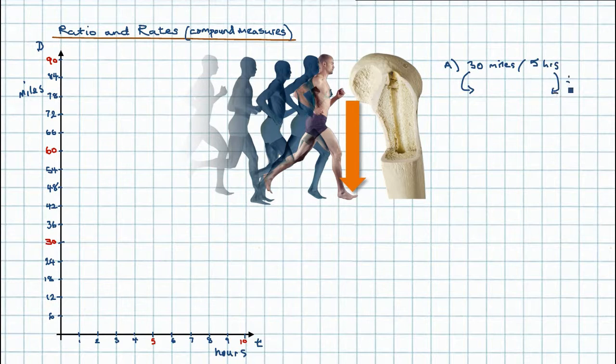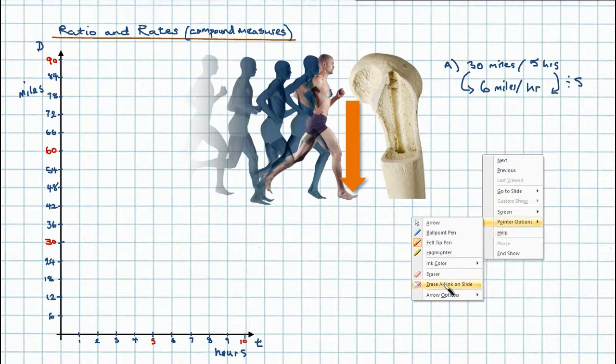Well, again, if we divide both sides by 5, then we will get the number of miles per hour. Okay, so per 1 hour, or just per hour. 30 divided by 5 is 6, so we get 6 miles per hour.